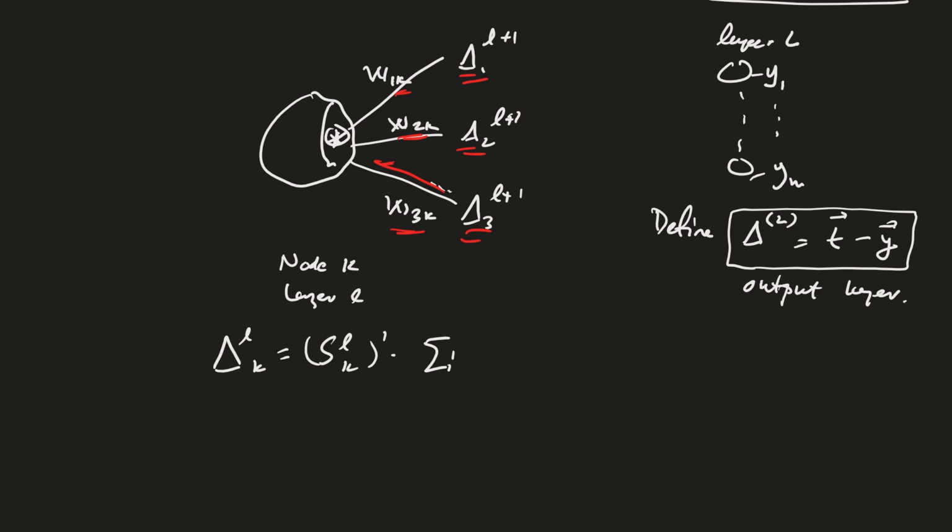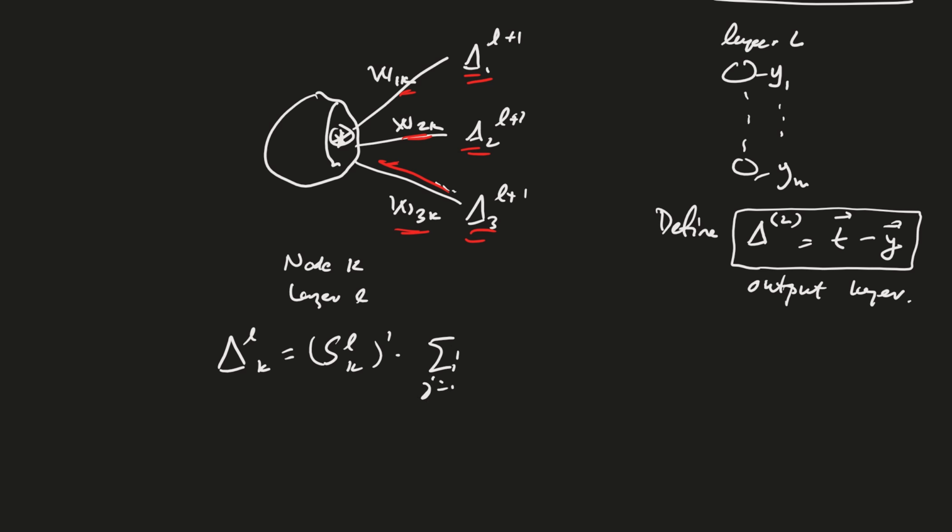And so we will have j equals 1 to 3 in this case, but this would normally be the number of nodes in layer L plus 1, times delta j of L plus 1 times w j k, right.